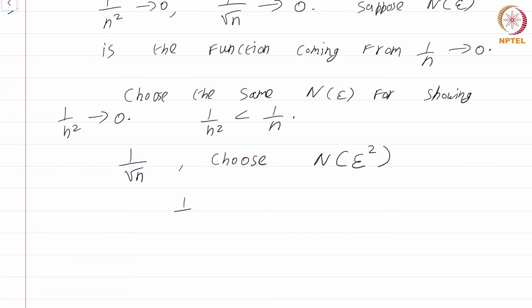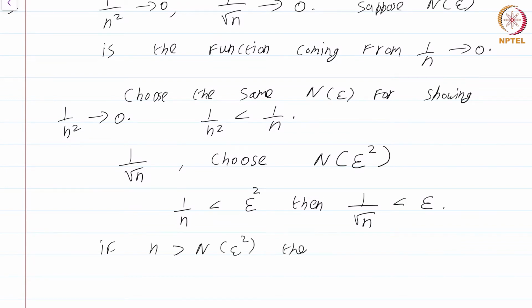If small n is greater than n of epsilon squared, then 1 by n is less than epsilon squared, and therefore 1 by square root of n is less than epsilon, right? So this quickly dispenses off 1 by square root of n also.